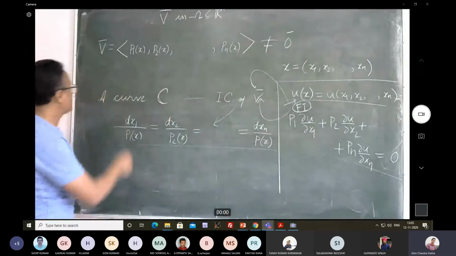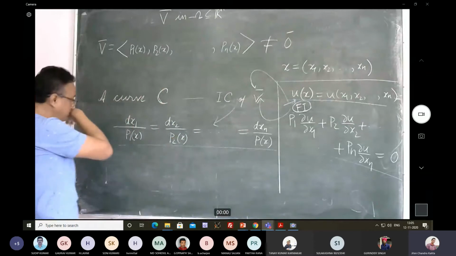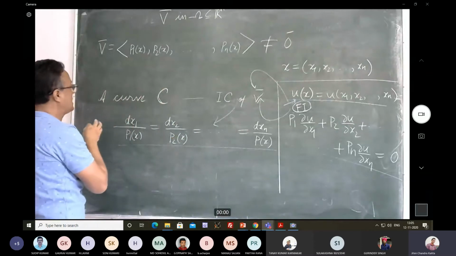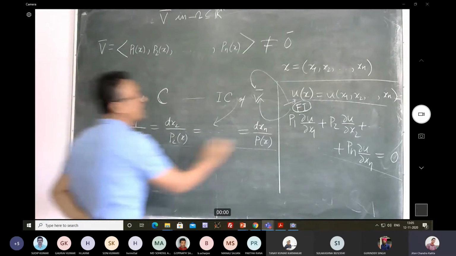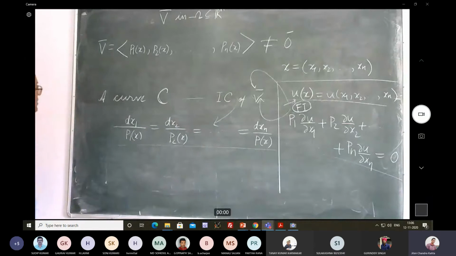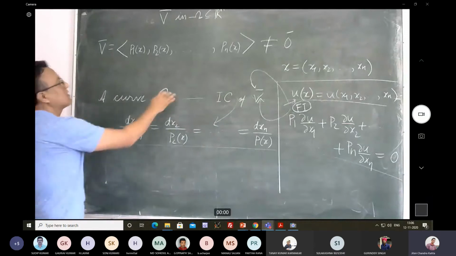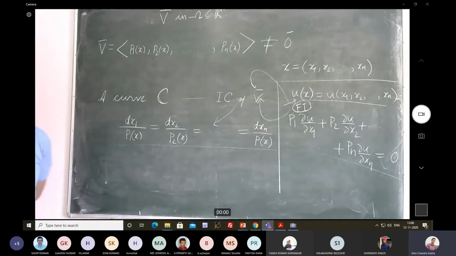So I told you that you can find an associated system of differential equations given by this. Now I will be able to parameterize it appropriately.